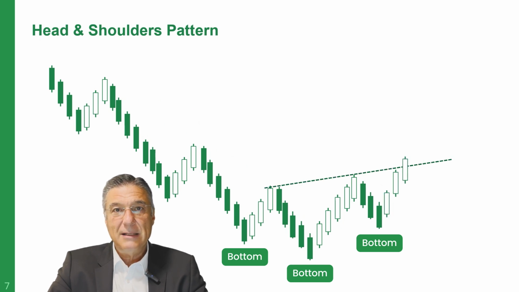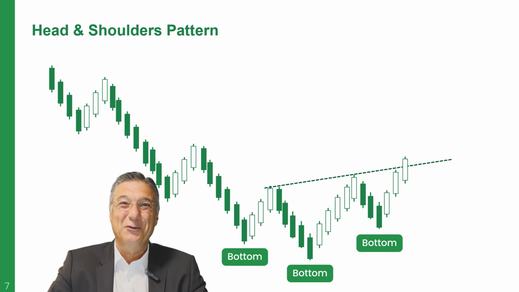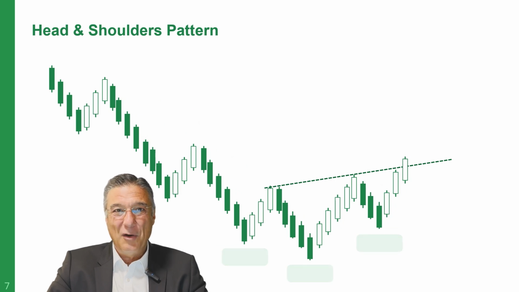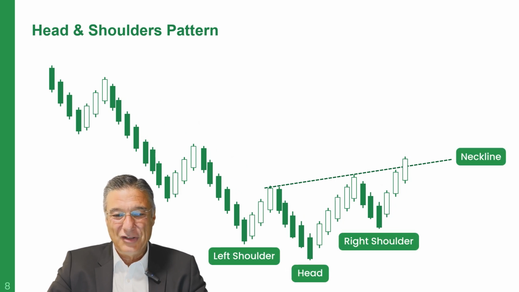And eventually prices rise above the line that connects the two previous tops, the neckline. And a decisive close above the neckline will signal the end of the downtrend and the very beginning of the uptrend. Good, excellent.